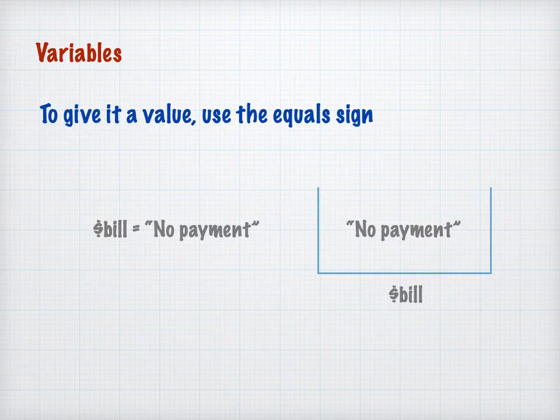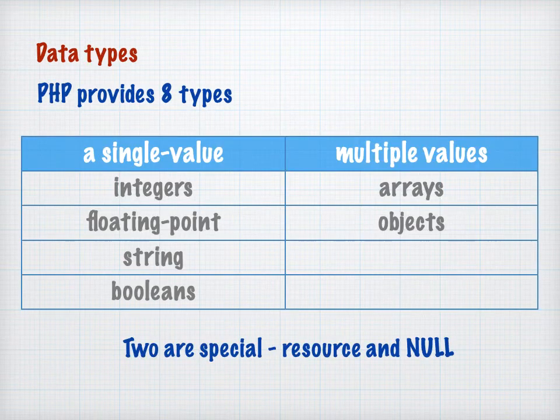Now, as you've seen from these examples, PHP provides lots of different data types: whole numbers, floating point numbers, strings, and those special ones called booleans, but we'll talk about those later on. Also, there are arrays and objects. The key distinguishing feature is that integers, floating points, strings, and booleans are single values.